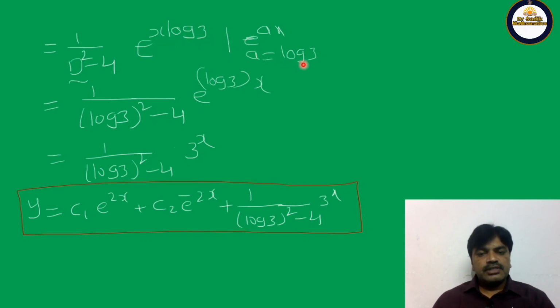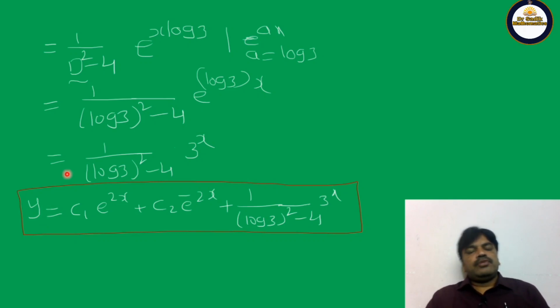A value is log 3. Simply replace D square by a square, so log 3 whole square minus 4. Finally write the complete solution, friends. This is case 1, friends. What is case 1? e power ax, and problems on e power ax.